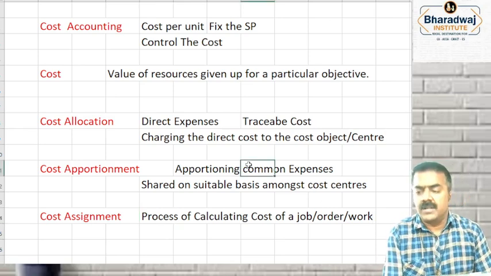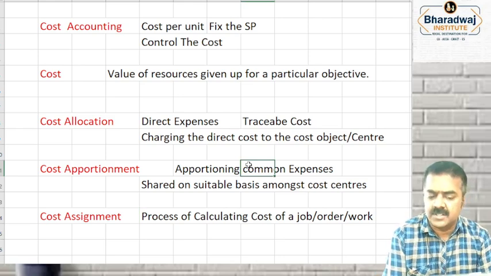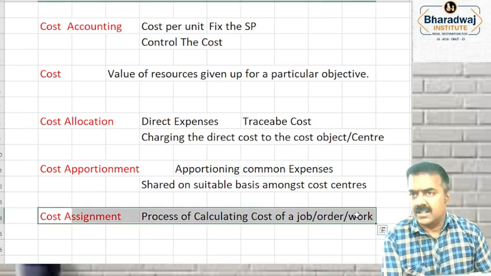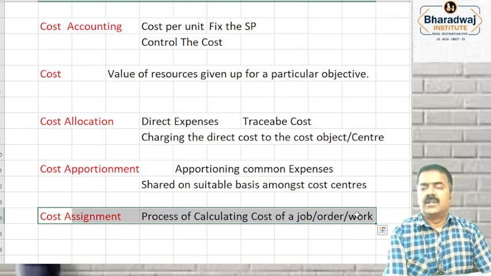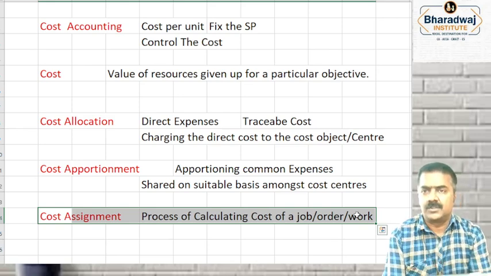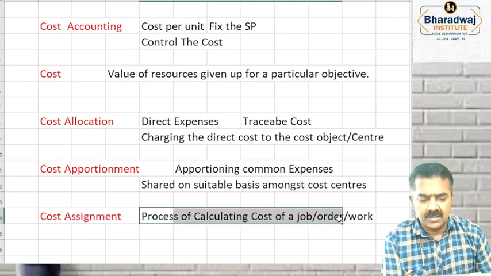What is cost assignment? We assign direct expenses, we charge indirect expenses and find out the cost of a job or order or work, that we call cost assignment. For example, you are giving me an order, a dress to be stitched. How will I calculate the cost?